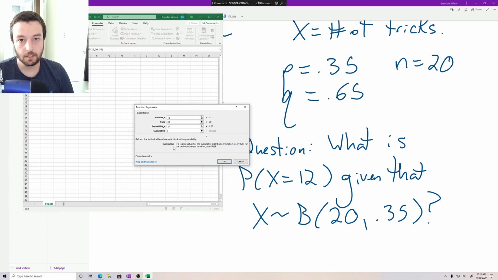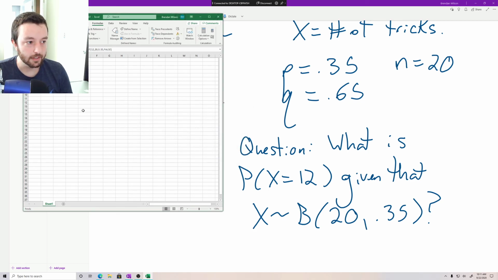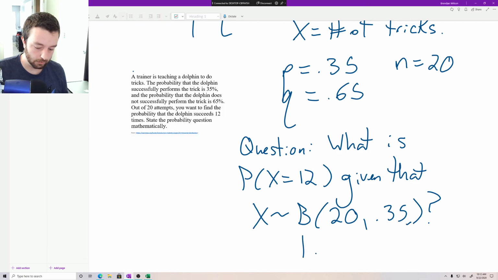We're using probability mass functions only. We're not using the CDFs, the cumulative distribution functions. So we're going to put false here. Okay. And it's going to return 0.013564. And that's actually the answer. So the answer is 1.35%. Okay.